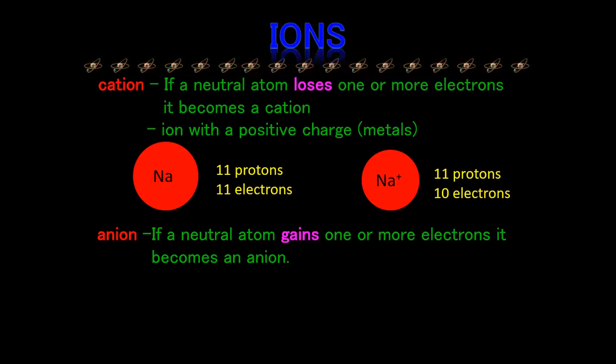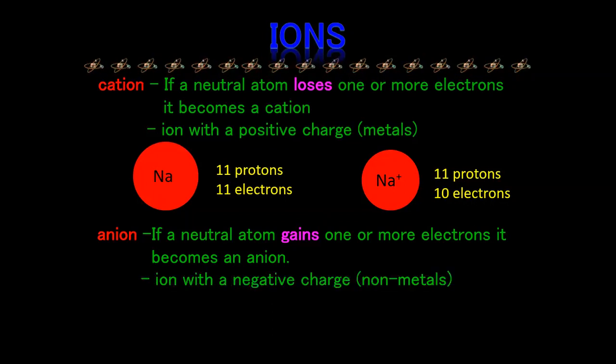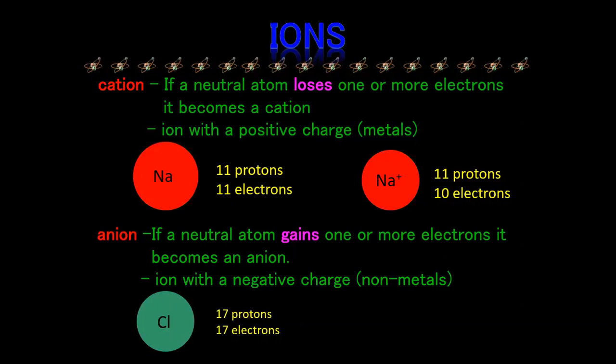Now, let's have another one. When you gain electrons, you gain something negative, so you become negatively charged. For example, a chlorine atom. This is a chlorine atom.